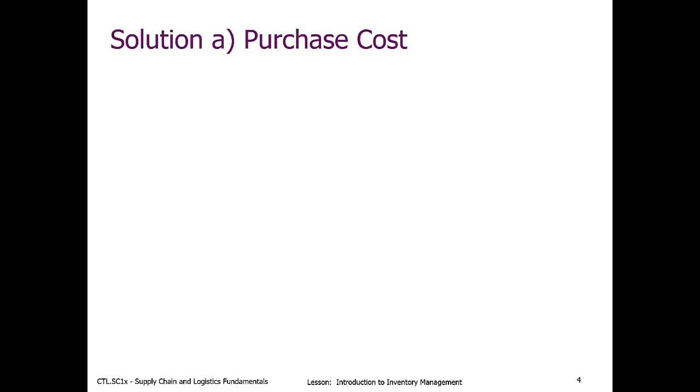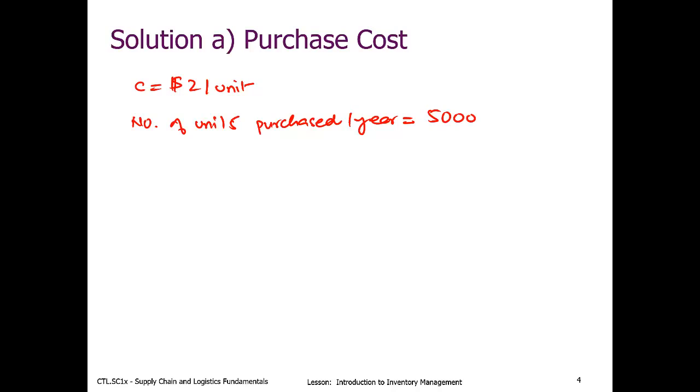Let's calculate the purchase cost here. What has been given to us is the purchase price per unit item, or C, is $2. So what are the number of units that we are buying in a year? So number of units purchased in a year, this number has been given to us in the problem as 5,000.